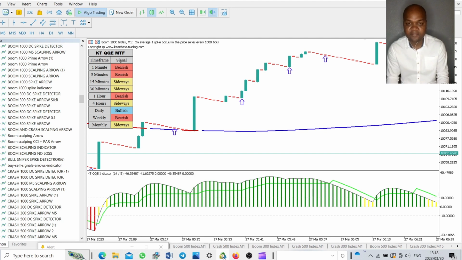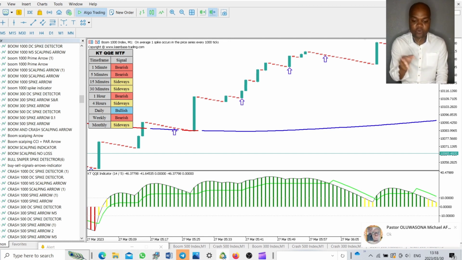Some of them repaint, and when you look at the system, maybe it's a picture or a video, you tend to think that this is the most accurate spike detection system that we can have. But in most cases, they will be repainting. The arrow would actually appear at the point where the spike would have occurred, and you think, this is an awesome strategy.